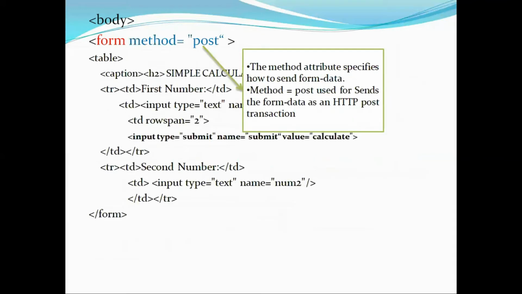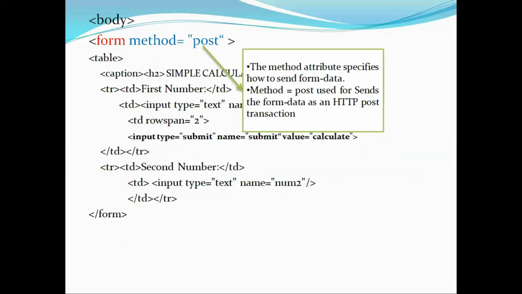And again, this form tag takes different attributes called the method as well as the action. Here we are using only the method attribute, which takes two different values, the post as well as the get. Here we are using the post. What do you mean by that? The method attribute specifies how to send the form data.